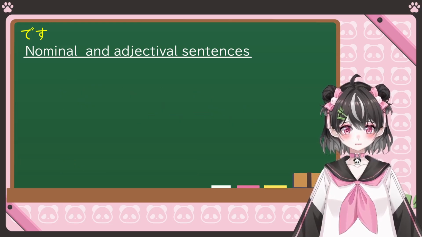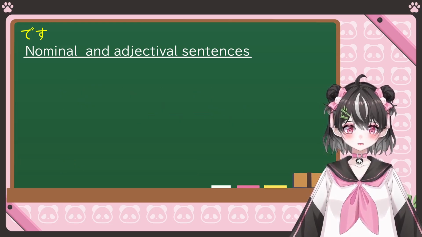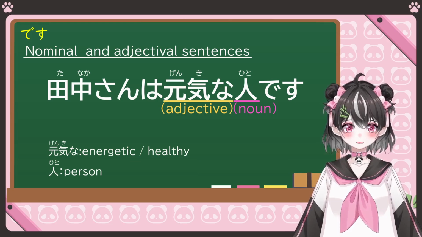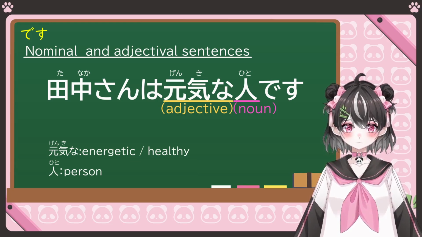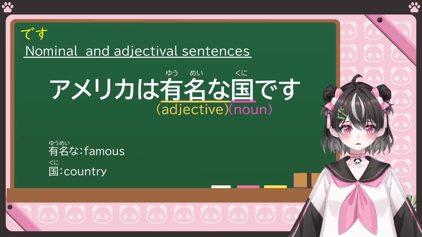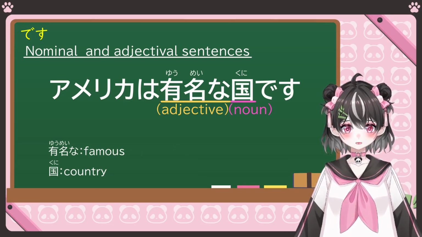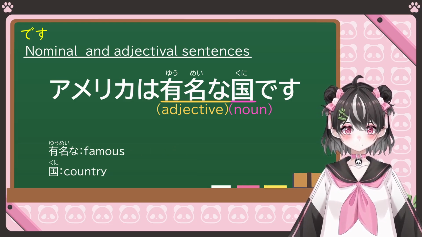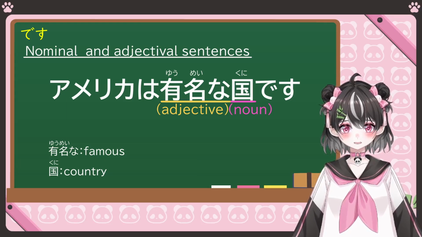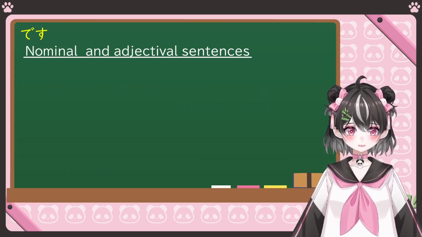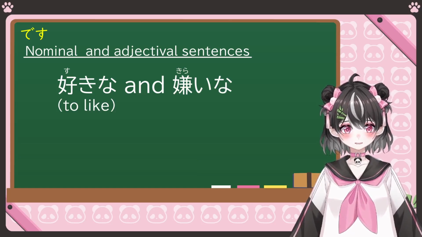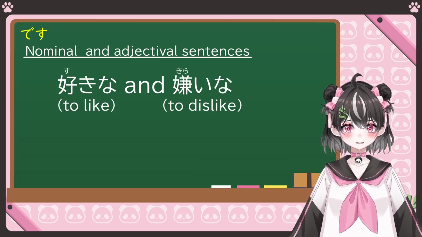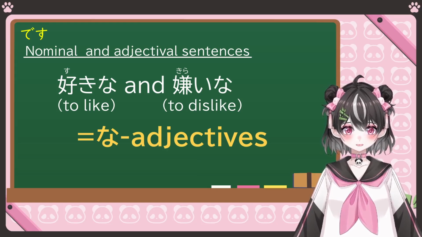Let's check out other examples. 田中さんは元気な人です。アメリカは有名な国です。As I mentioned before, 好きな and 嫌いな, like and dislike, are not adjectives in Japanese.